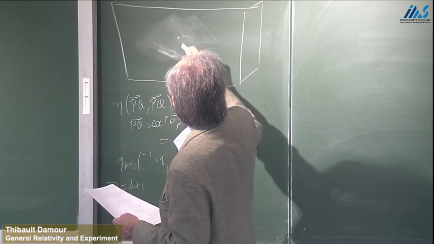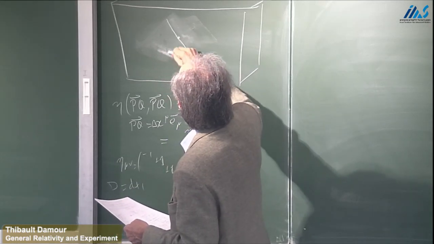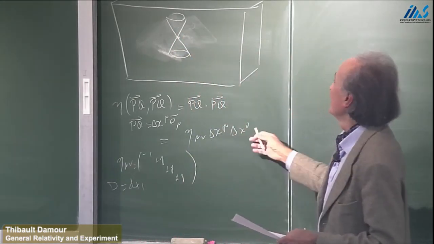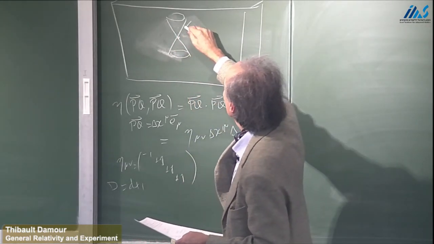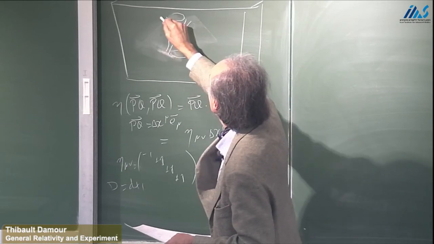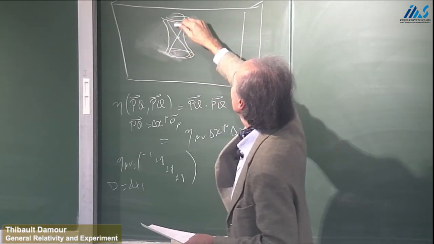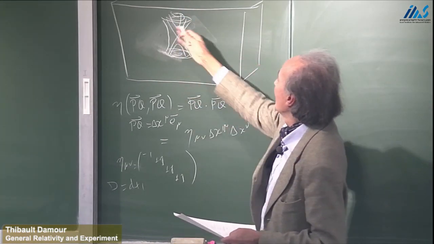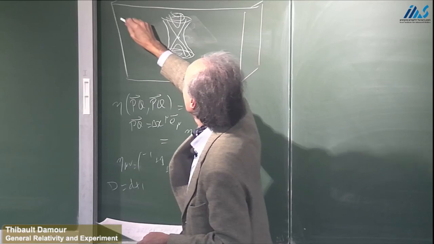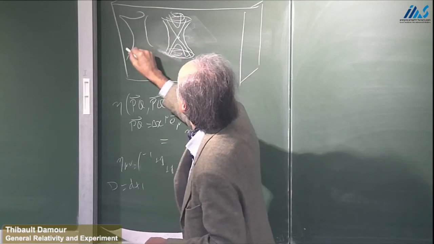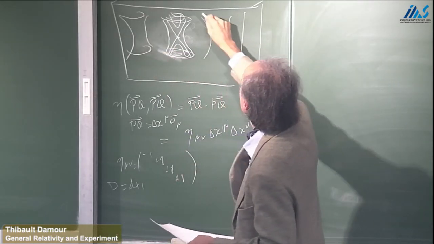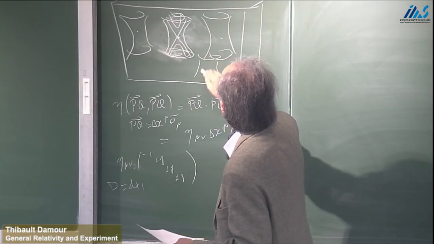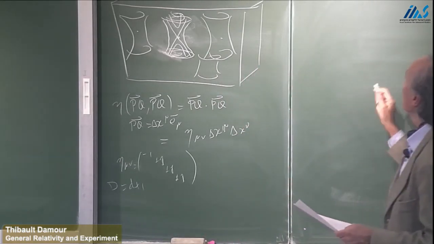Around each point, there is the set of points such that the square interval is equal to 0, the set of points where the square interval is equal to plus 1, which is a hyperboloid, and the set of points where the interval square is equal to minus 1. This figure, the geometry of Minkowski space, is repeated in a homogeneous and perfectly regular manner all over the 4 dimensions of space-time. So this is special relativity.